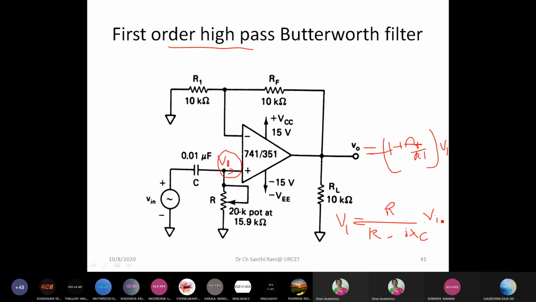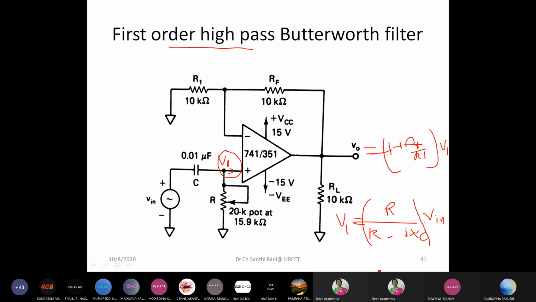What is the difficulty in mentioning this voltage divider rule? Many times, each time I use this voltage divider rule, I am explaining. Actually, in third year, you should have full command of this voltage divider rule. Second year, whatever you learned, let me leave it.